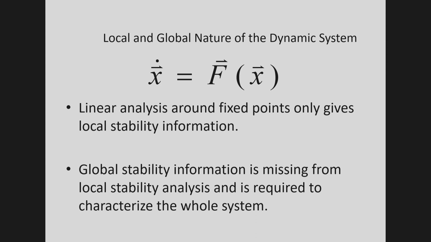The typical way of analyzing this is to find the fixed points of this equation and do the linear stability analysis around those fixed points. That gives you the local stability information. What that doesn't give us is the global information: how you go from one fixed point to the other, how you connect these two, which is very essential in biology.